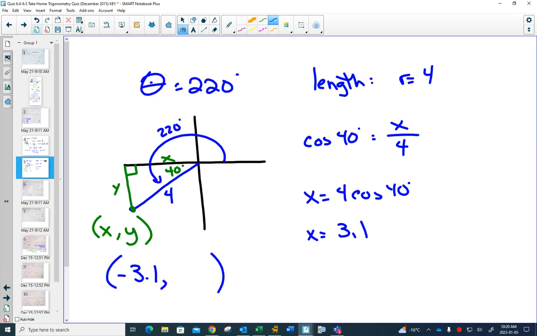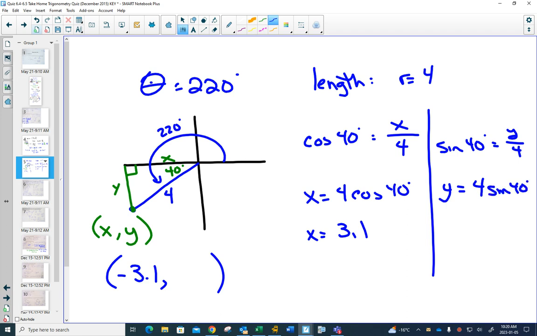So I now know that my x-coordinate would have to be negative 3.1 because it's going to the left. And if I wanted to find y, well, that would just be sine, and since it's going down, my y-coordinate would be negative 2.6.